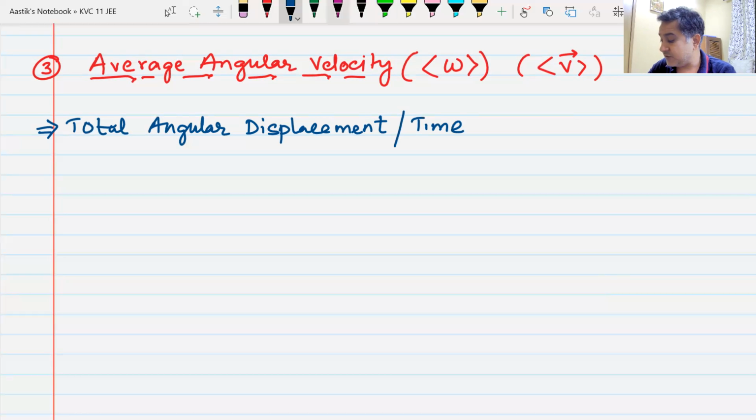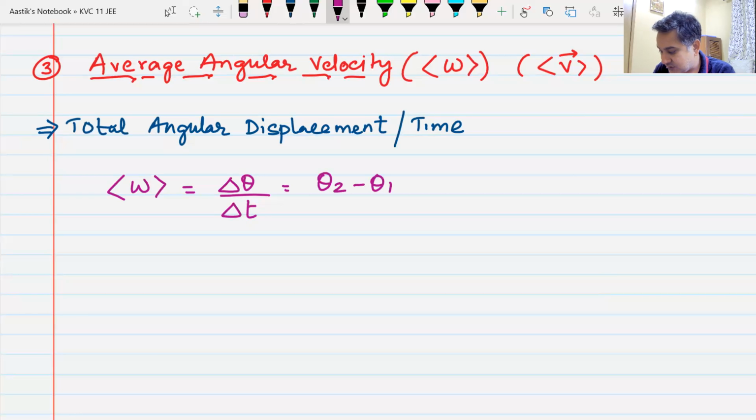Now, I can write this average angular velocity as delta theta, total change in angular position, angular displacement, divided by delta t. You can also write it as theta 2 minus theta 1 divided by delta t.